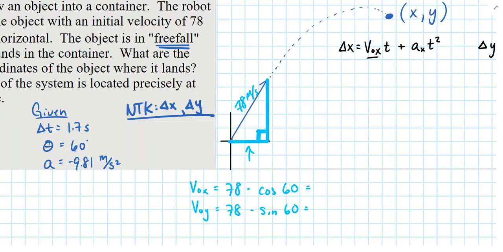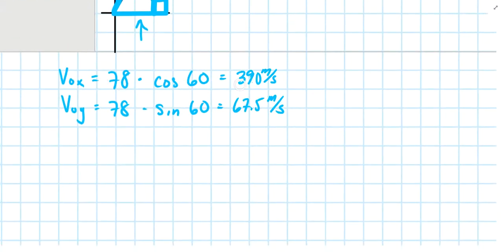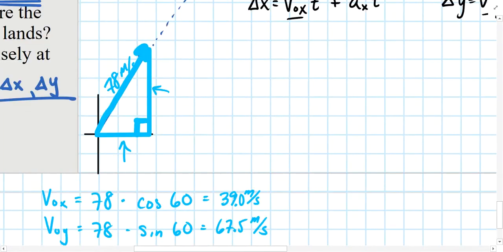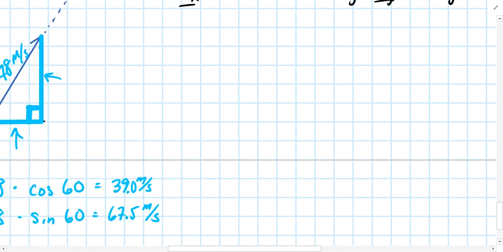So again, this ball is moving in this direction, 60 degrees above horizontal, but if we were to split that direction into just a horizontal motion and a vertical motion, the combined motion generates the 78 meters per second, and as it turns out, in the horizontal direction, the ball is moving 39 meters per second horizontally, and vertically 67.5 meters per second at the precise instant that this ball is released, when it was traveling 78 meters per second along the diagonal.